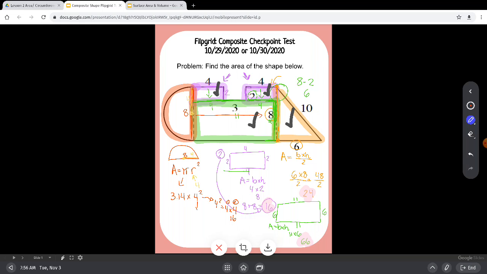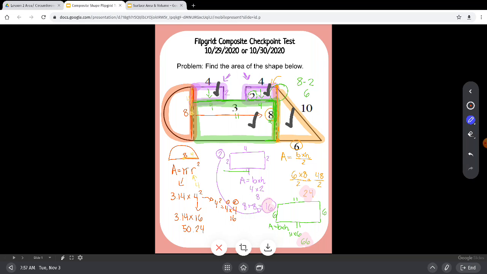So I'm going to use that instead of the 4 squared since I solved it already. So I'm going to do 3.14 times 16. I'm going to do that on my calculator real quick. And I'd get an answer of 50.24.